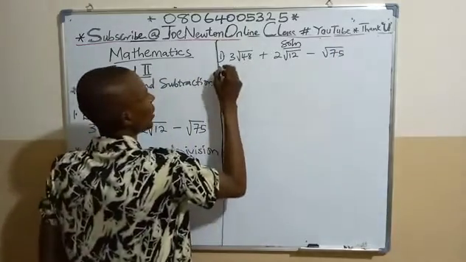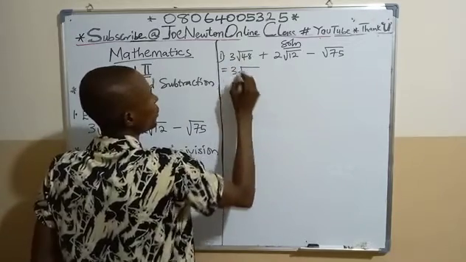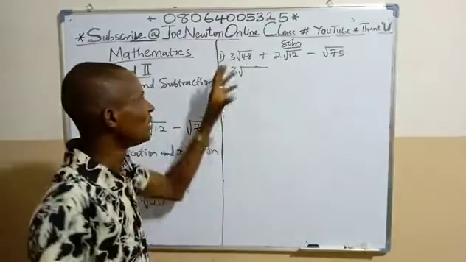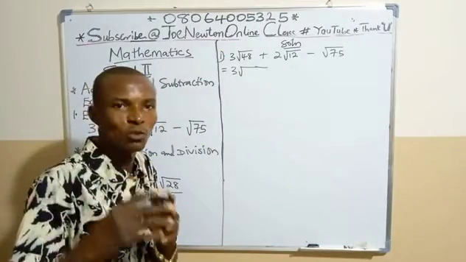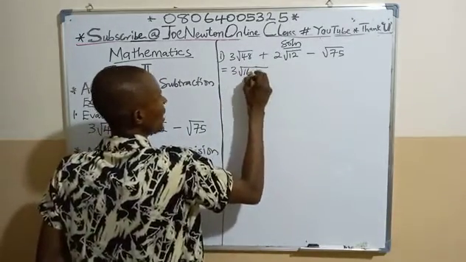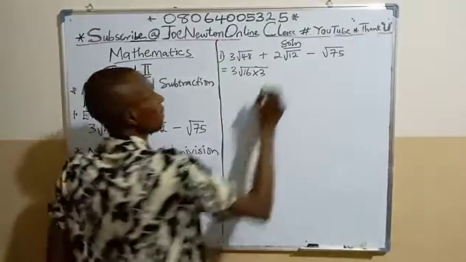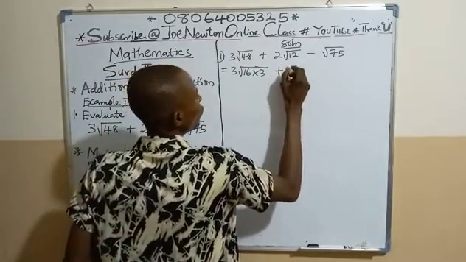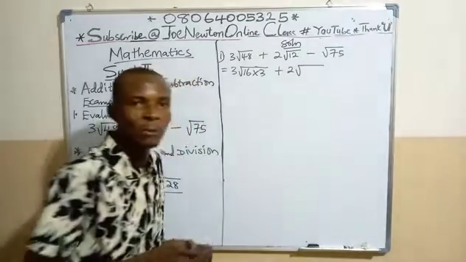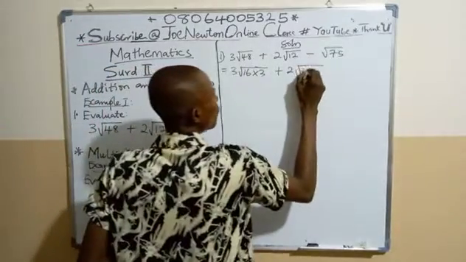Then what we need to do now, that will become here 3 root 48. We look at two numbers that their product will be 48. One will be a perfect square and one will be irrational. Then we think of 16 times 3. We agree with me, 16 times 3 is what? 48. Then plus 2 root, two numbers that when the product will give us 12 with one as the perfect square should be what? 4 times 3.